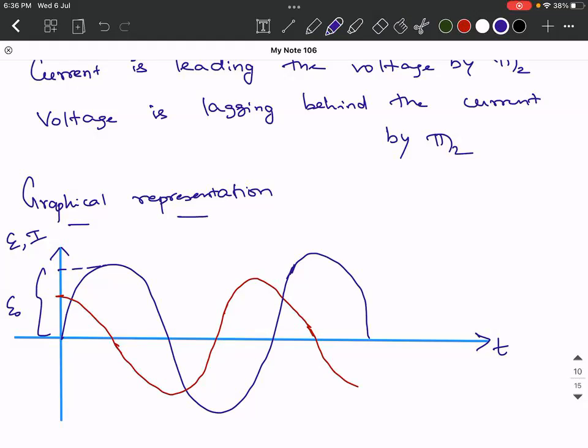Because if you want I to become 0, omega t should be equal to minus pi by 2. So the graph will actually start from here. So it will get shifted to the left. So what I can say is this value is E naught sine omega t, and this value is I naught sine of omega t plus pi by 2.